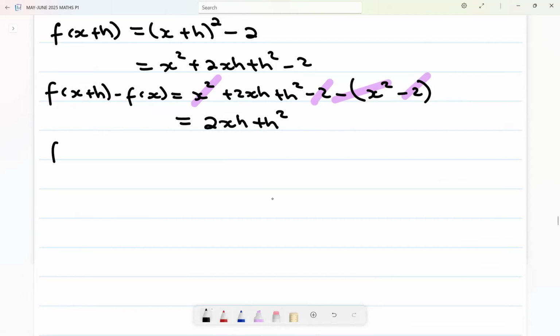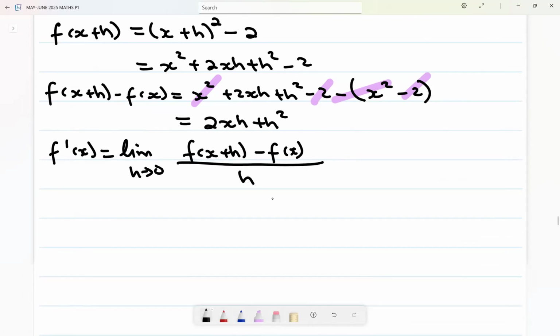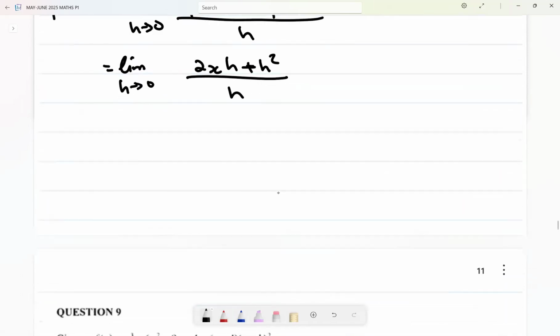And then I can go to my formula and say f prime of x is equal to the limit as h approaches 0 of f of x plus h minus f of x, all divided by h. Remember, you continue with the limit until you substitute. What is f of x plus h minus f of x? It is 2xh plus h squared divided by h. I want to take out h as a common factor. Why? So that I cancel this h.